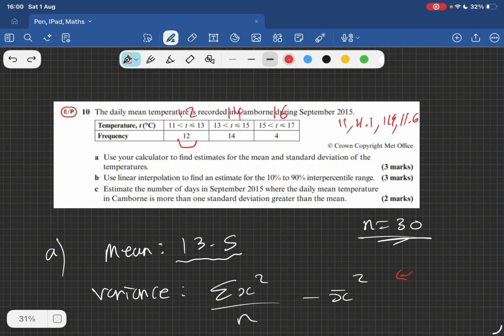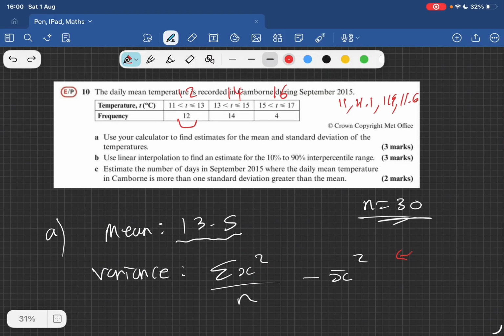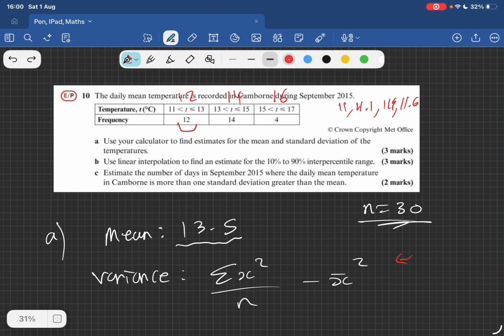And how does this translate? Well, then we need to do 12 squared, because this is our sum of all our x squares. We're doing 12 squared plus 12 squared plus 12 squared, so our sum just ends up being 12 squared times 12, 14 squared times 14, 16 squared times 4.